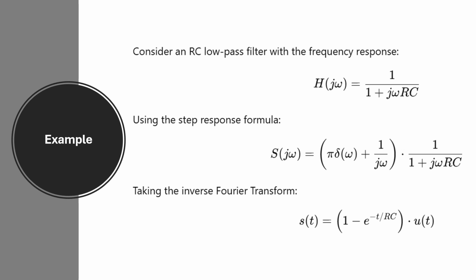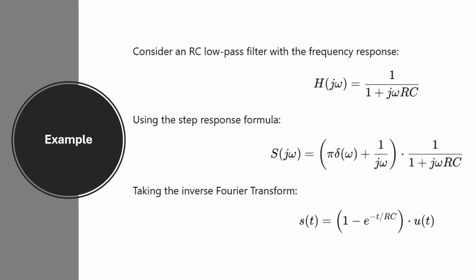Now here consider an example. Suppose an RC low pass filter has a frequency response similar to the previous one, H of omega is equal to 1 by 1 plus j omega RC. So what will be the step response? Since this is H of j omega, if we want to find it in the frequency domain, then the step response output will be H of j omega into U of omega.